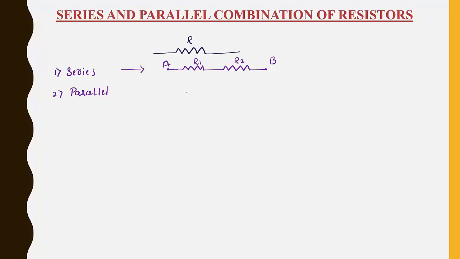Parallel combination, here again I am going to consider two resistors, and these two resistors are connected at common points. We can consider that this is A and the end point is B. So these are the resistors R1 and R2.